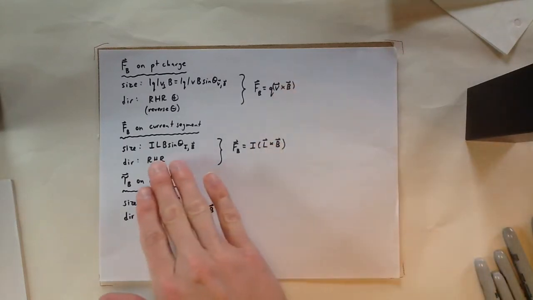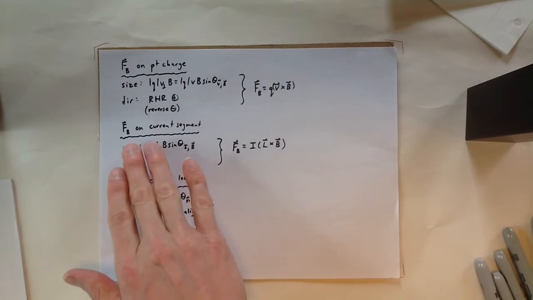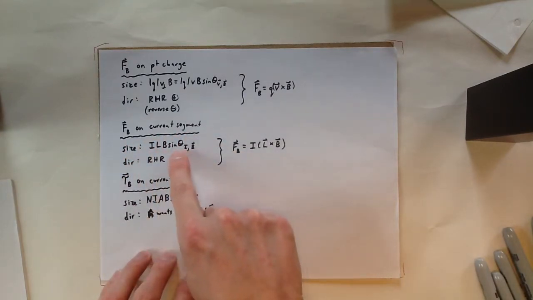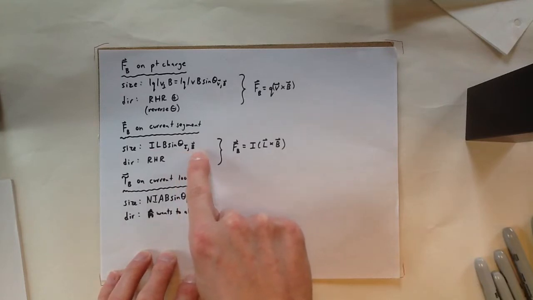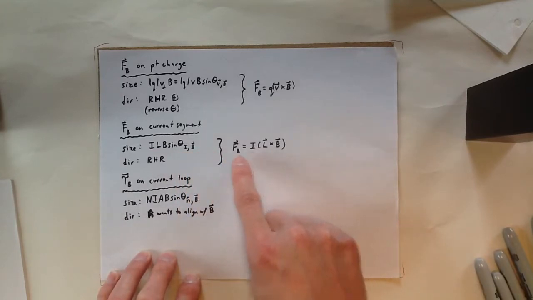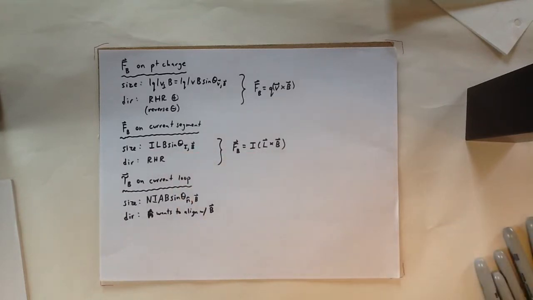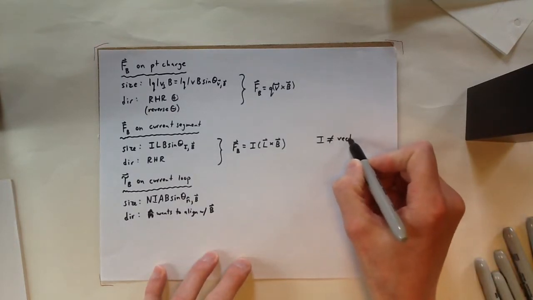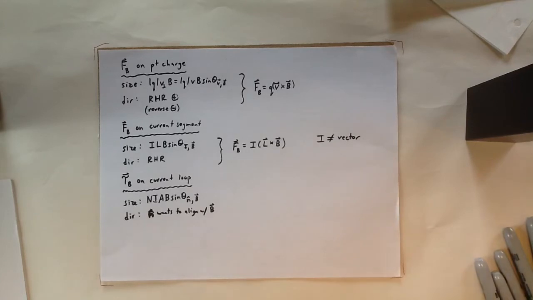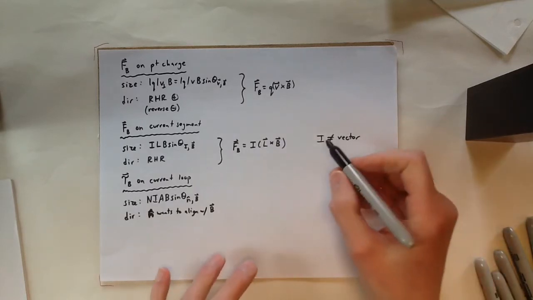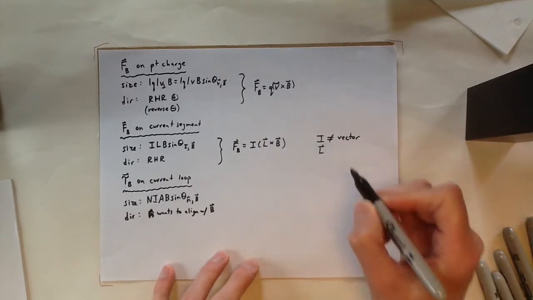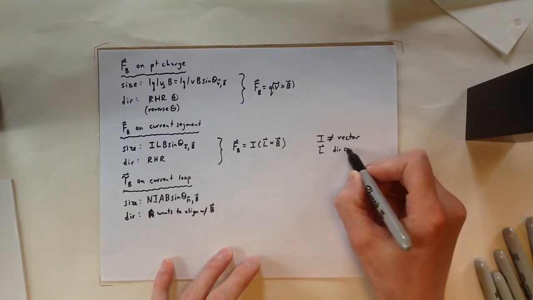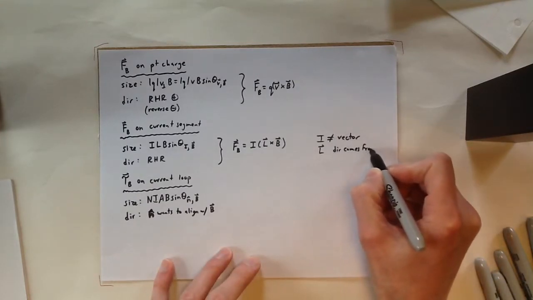Moving on, same thing here with the force on a current segment. So ILB sine theta, where theta is the angle between L and B. This can also be represented as a cross product. We do not want to make I a vector though. We want to preserve it as just a number, but the L vector, the length, will be a vector with the assumption that the direction comes from the flow of current.